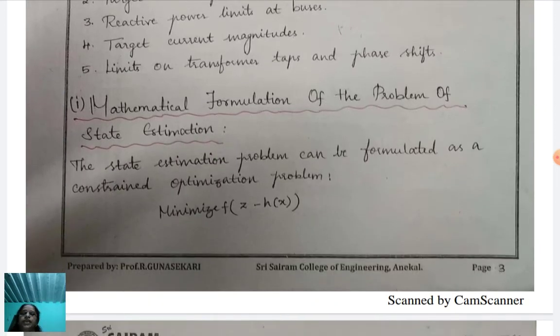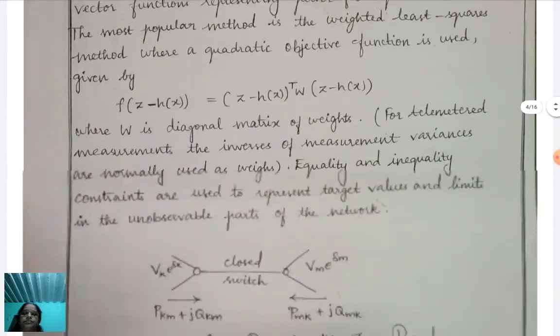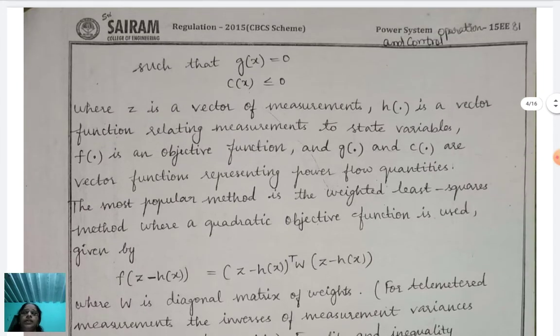The state estimation problem can be formulated as a constrained optimization problem, that is, minimize f(z, h(x)), subject to g(x) = 0 and c(x) ≤ 0, where z is the vector of measurements and h(.) is a vector function relating measurements to state variables. f(.) is an objective function. g(.) and c(.) are the vector functions representing power flow quantities.